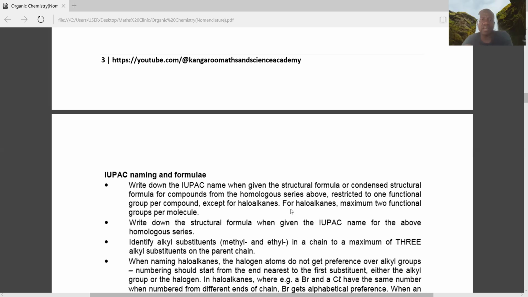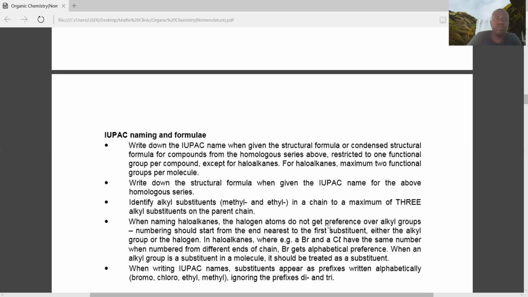As I was saying, when you are naming halo-alkanes, ladies and gentlemen, the halogen group, so we're referring to the halogen atoms, what are they? Fluorine, chlorine, bromine, and iodine. They do not get preference over alkyl groups.